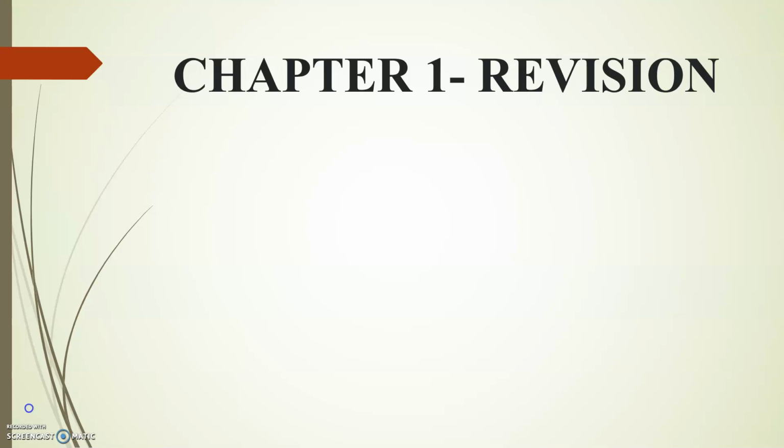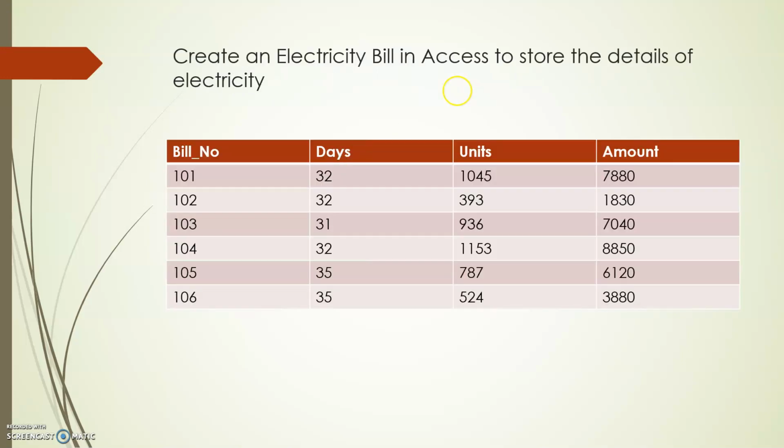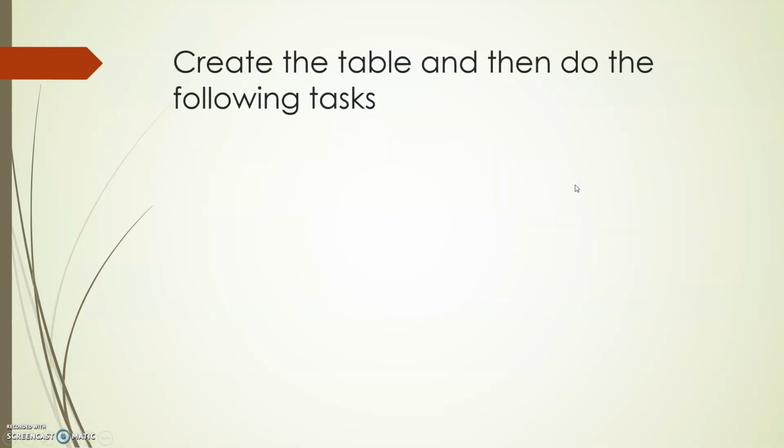In this example, we are going to create an electricity bill database in Access to store these details. First you have to create the database or the table, and then do the following tasks.